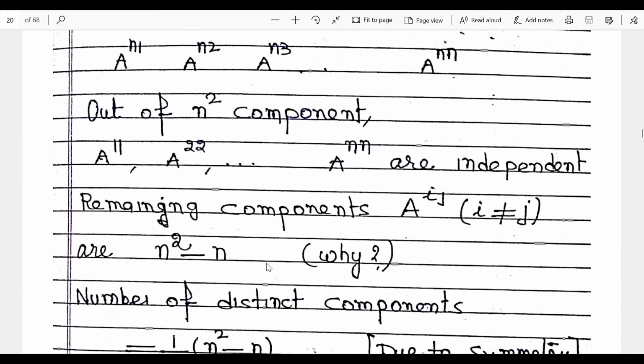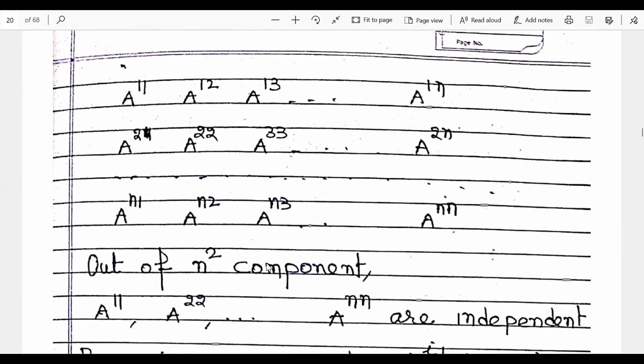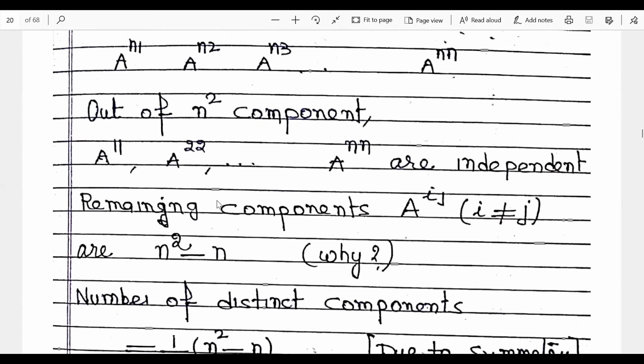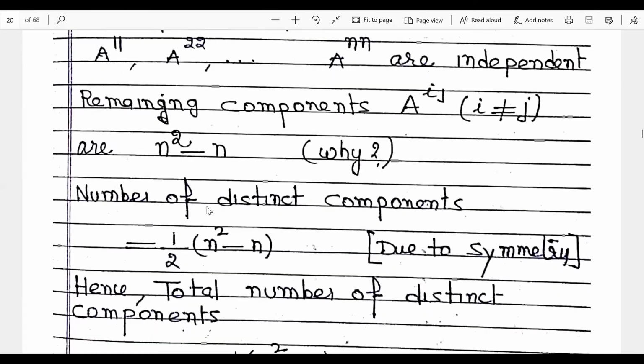Now, due to the symmetry property, they are in pairs: A12 is equal to A21, A13 is equal to A31, and so on. If they are in pairs, the number of distinct components is 1/2 into (n square minus n), so the distinct ones are half.